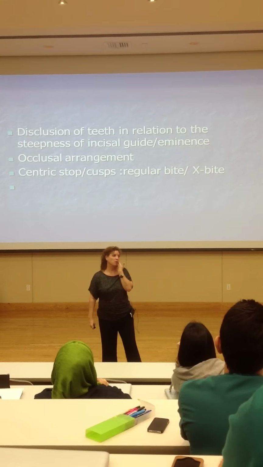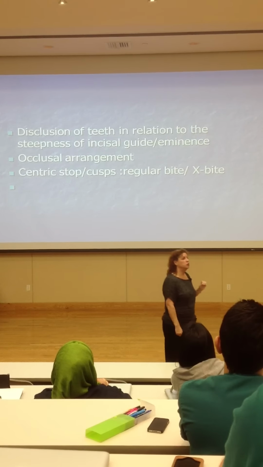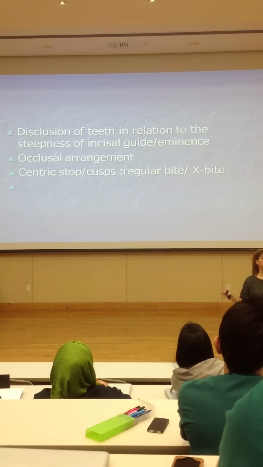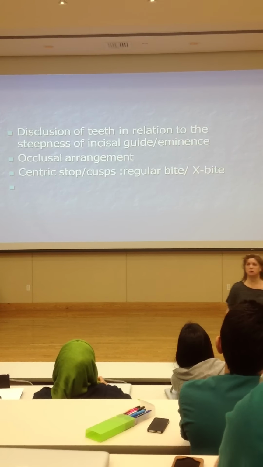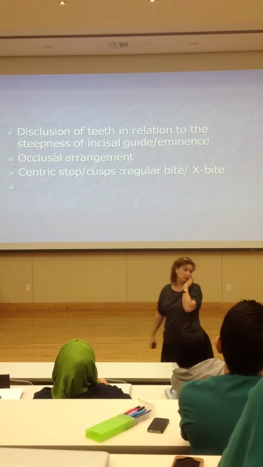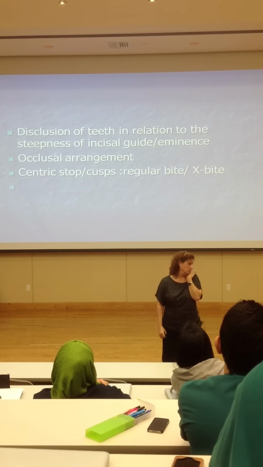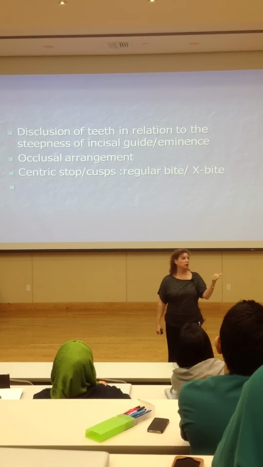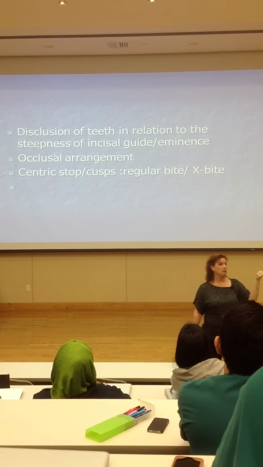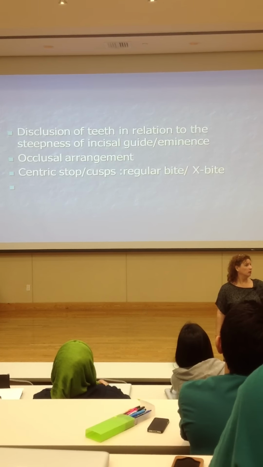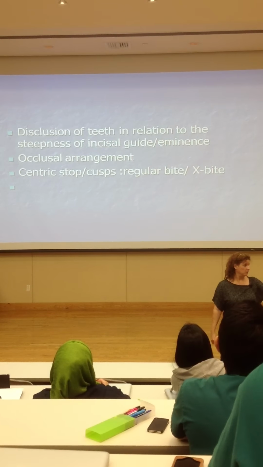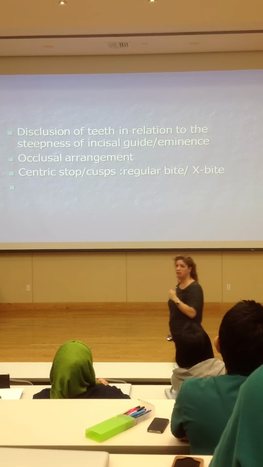Posterior left crossbite. Okay? Which cusps are the centric cusps, talking about the molar? Which cusps are centric cusps when we have a left crossbite? Mandibular lingual, maxillary buccal, on the left side. What about the right side?